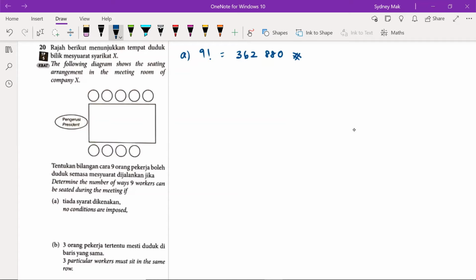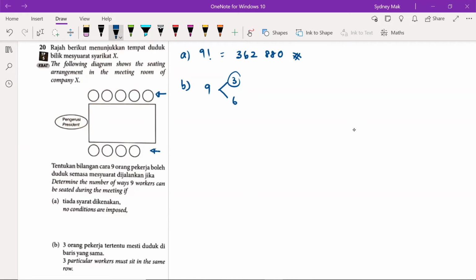Now next, the 3 particular workers must sit in the same row. We have 9 workers, so we have to split it into 2. One is the 3 particular workers, and the other is the 6 other workers. Now the 3 particular workers must sit in the same row, so it could be here or here.